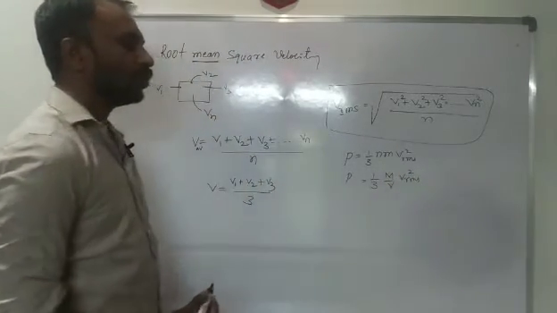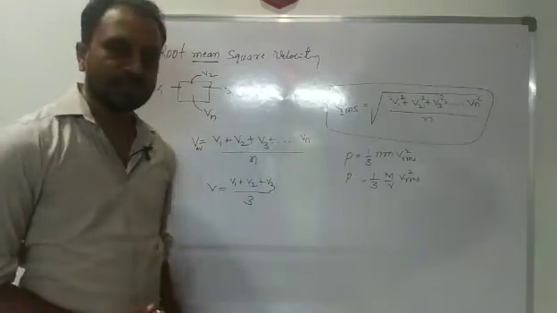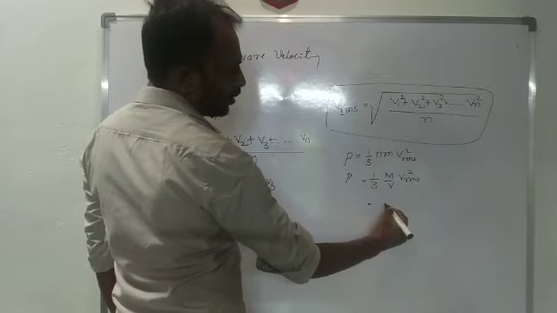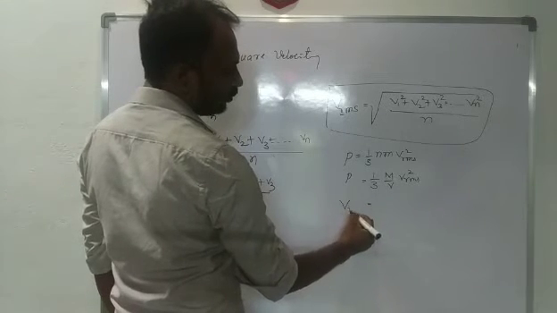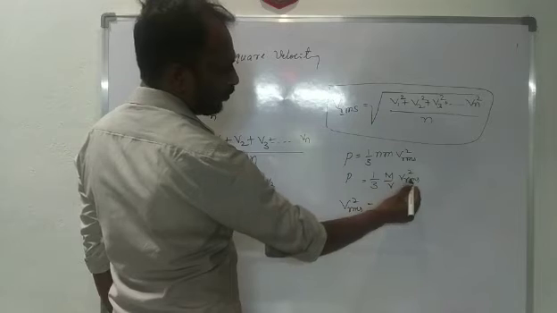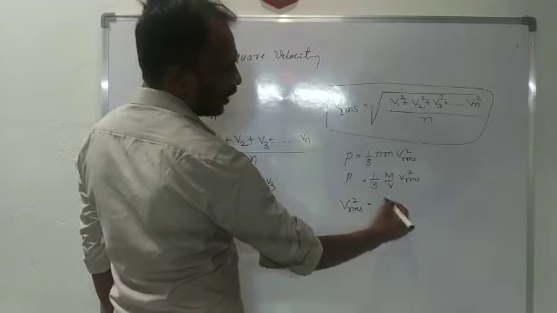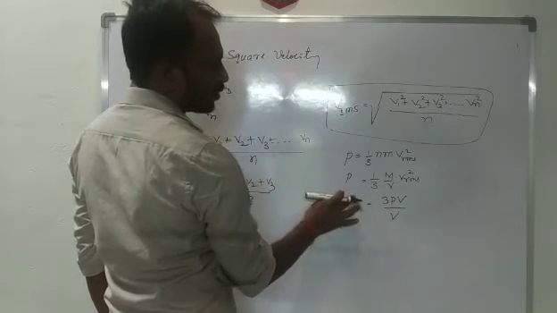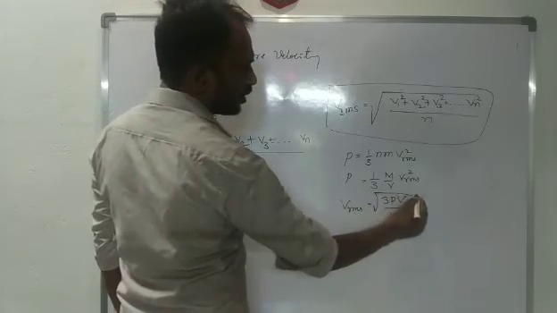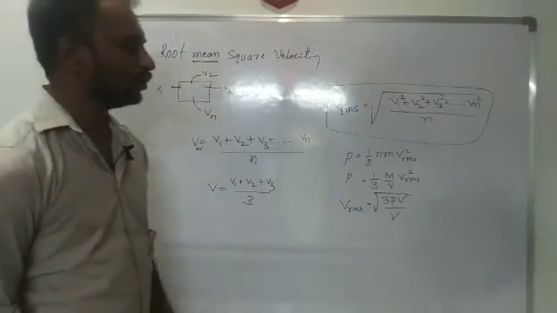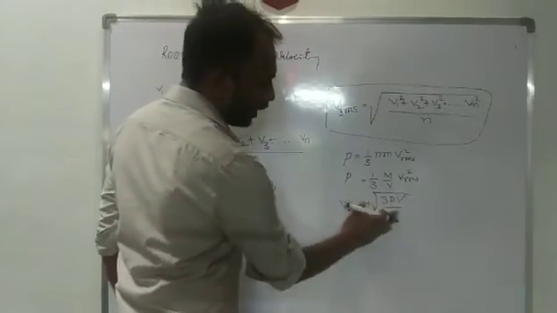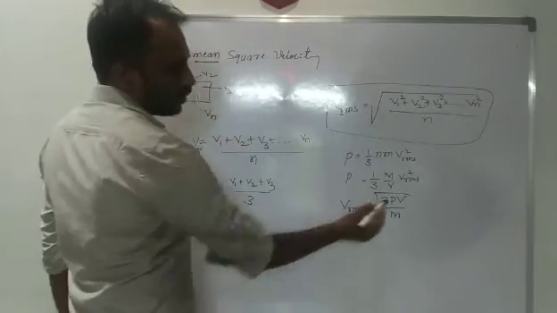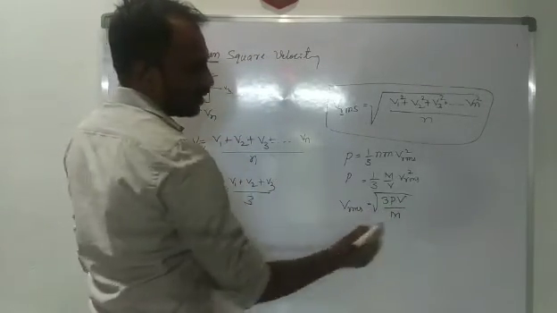Okay, so here we want to calculate RMS velocity. RMS velocity is equal to 3PV divided by M, and here the square is there, so we take the whole root of 3PV divided by M. Here V is volume and M is mass.